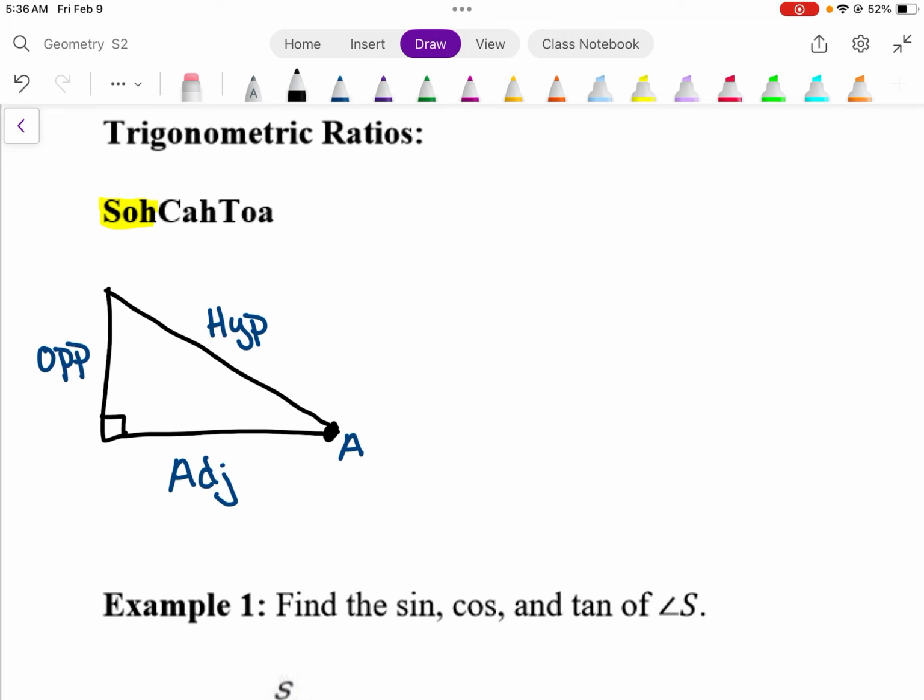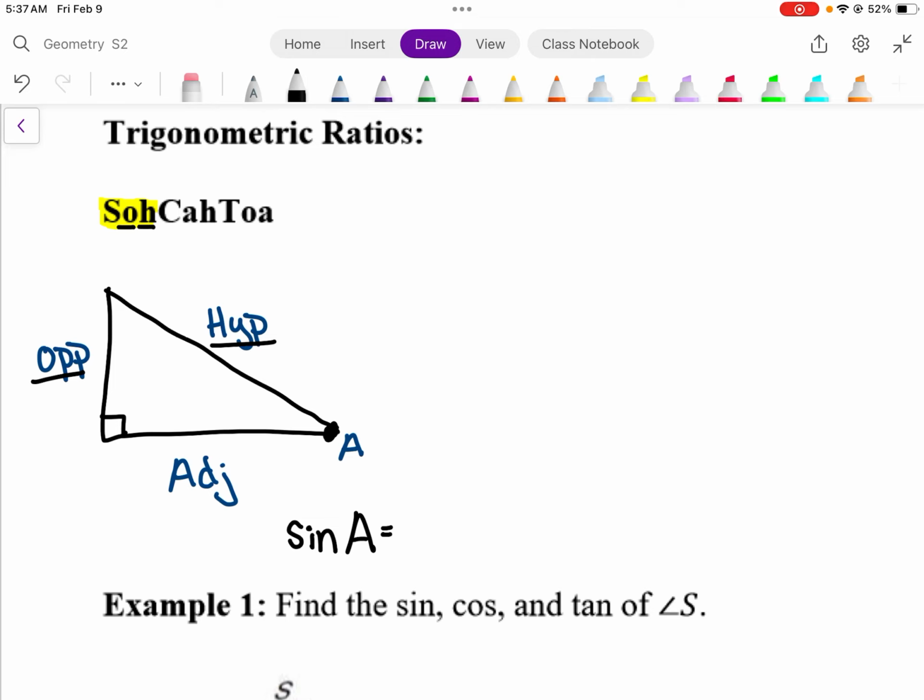The S in SOHCAHTOA stands for the sine function. So if we find the sine of A, that is going to be equal to, and then the lowercase o and the h, those stand for the two sides we are going to be using. So we're going to be using the opposite and the hypotenuse.